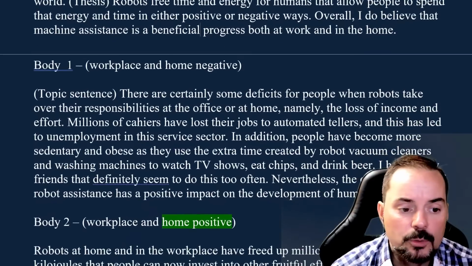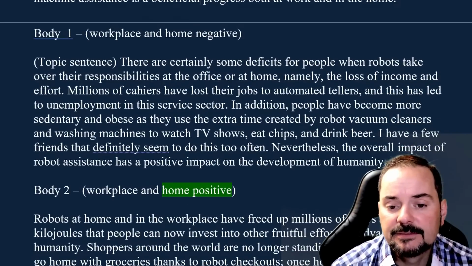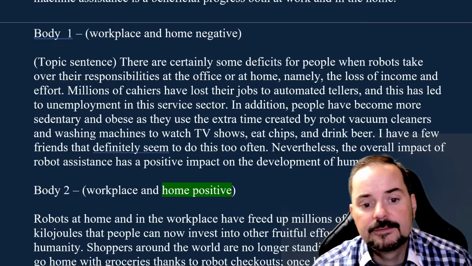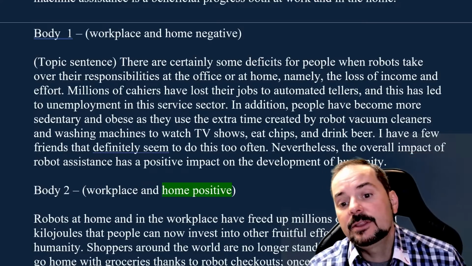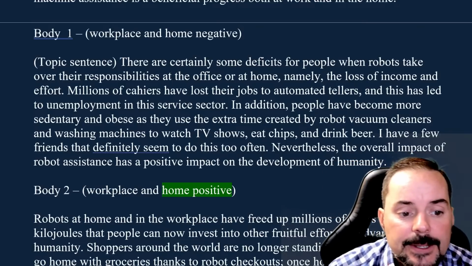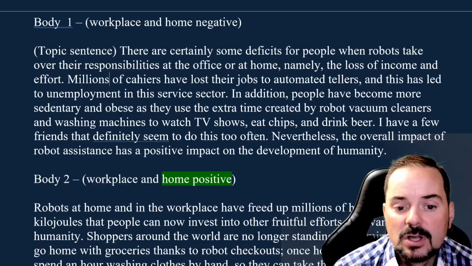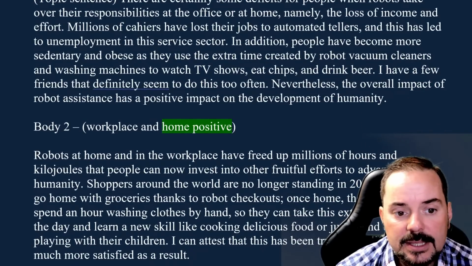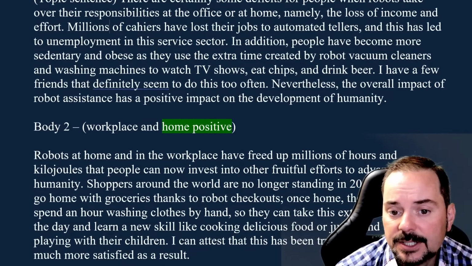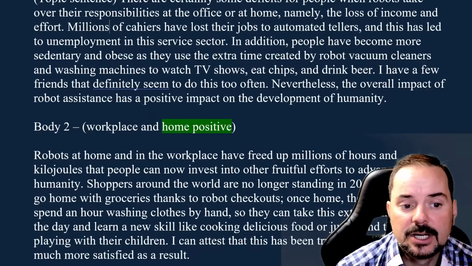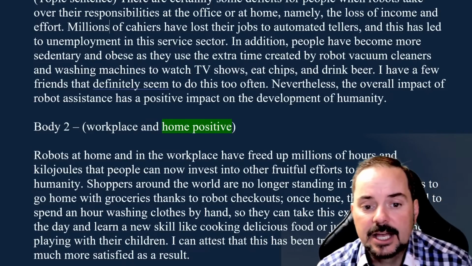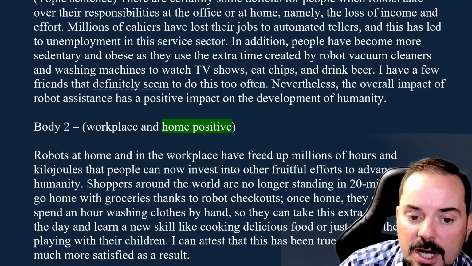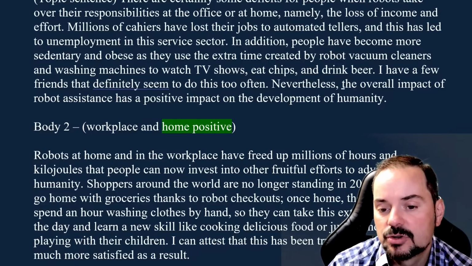There are certainly some deficits for people when robots take over their responsibilities at the office or at home, namely the loss of income and effort. Millions of cashiers have lost their jobs to automated tellers, and this has led to unemployment in this service sector. In addition, people have become more sedentary and obese as they use the extra time created by robot vacuum cleaners and washing machines to watch TV shows, eat chips, and drink beer.